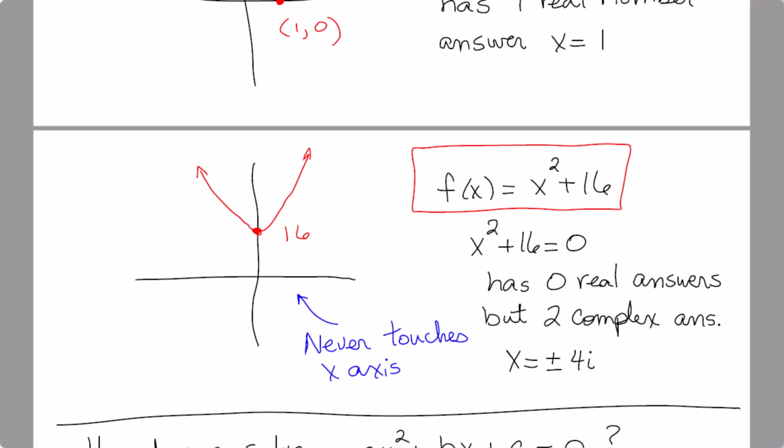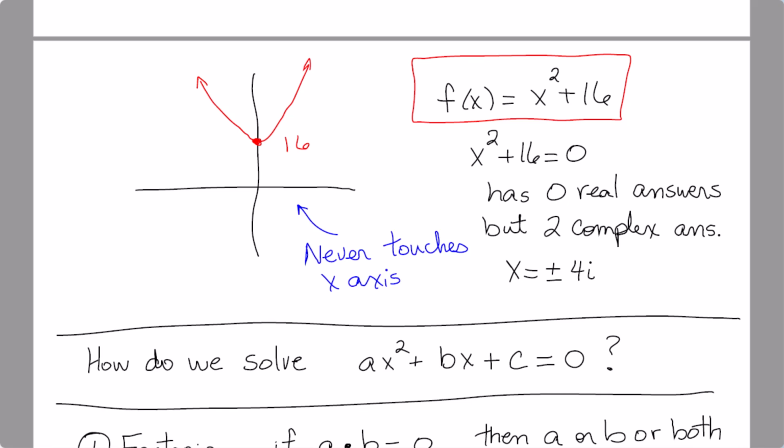All of the answers that solve this are complex numbers, and they happen to be plus or minus 4i. So, when we go to solve our quadratic equation, which looks like this, we're either going to get two real number answers, one real number answer, or two complex number answers.